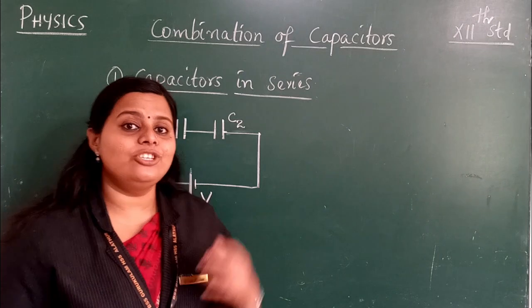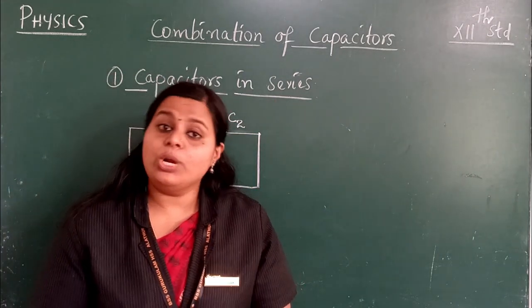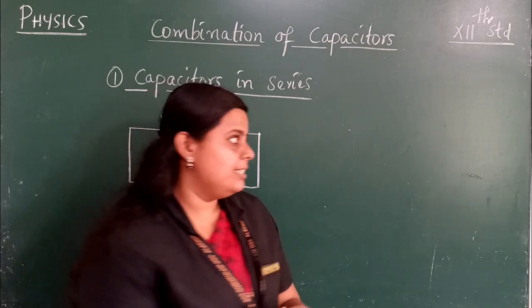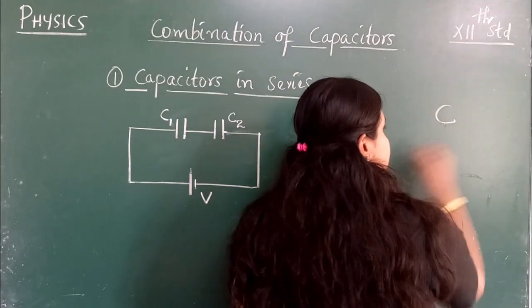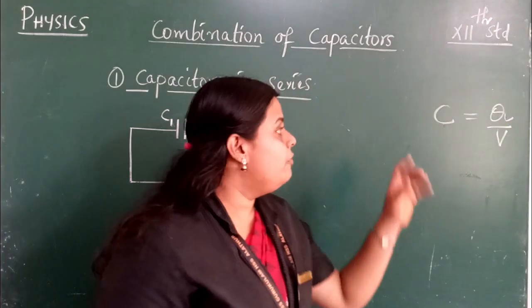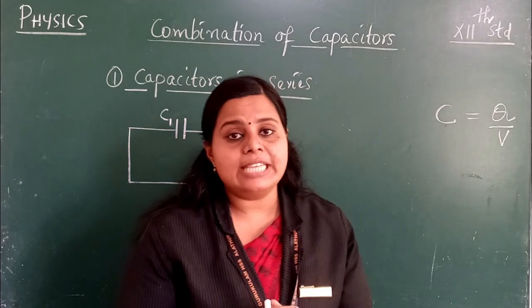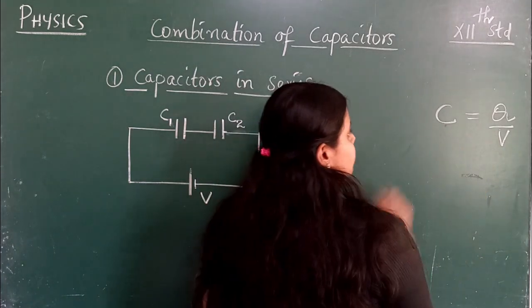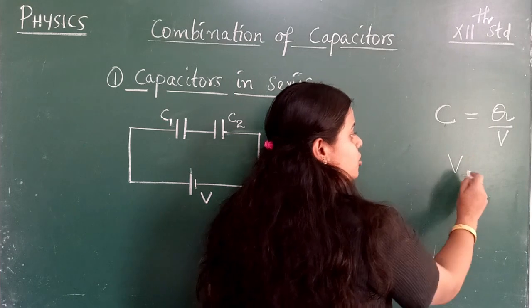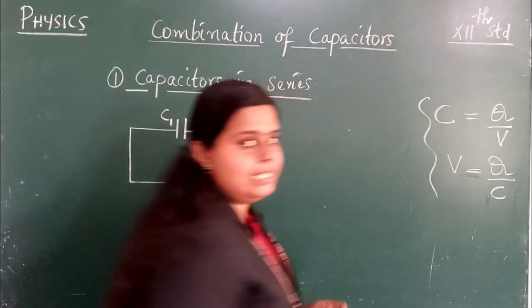Before that, can you recall the expression for capacitance of a capacitor? Yes, the capacitance of a capacitor C is equal to Q divided by V, right? Where Q is the charge and V is the potential difference across the capacitor plates. Or from this expression we can write the potential difference V is equal to Q divided by C.